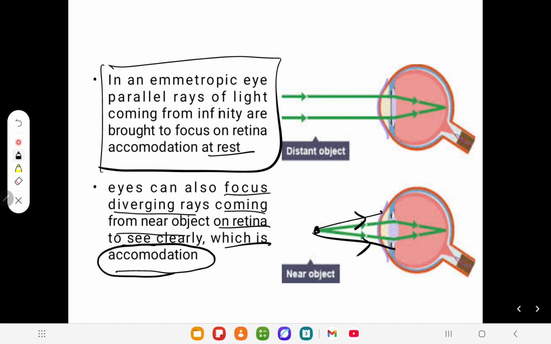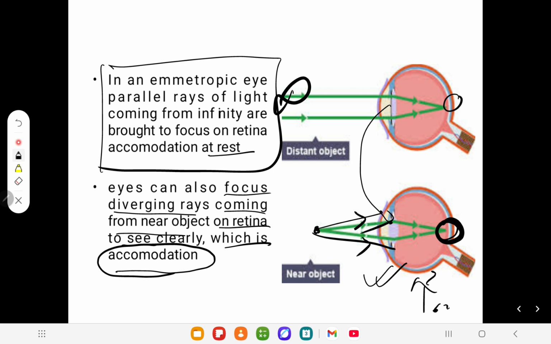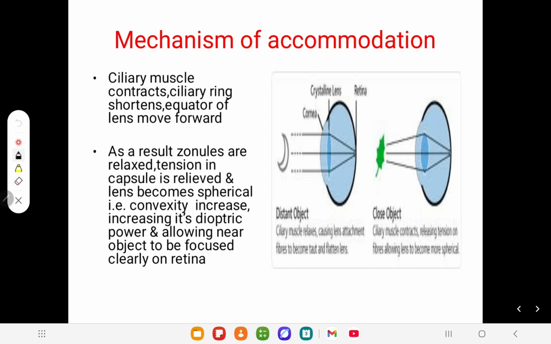By the help of accommodation, the crystalline lens goes from flatter to more spherical, and the power of the eye goes up from 60 upwards, and the focus is still on the retina, isn't it? From infinity, the focus is on the retina, and from near, the diverging rays also focus on the retina with the help of the lens, and that phenomenon is called accommodation, which is very simple.